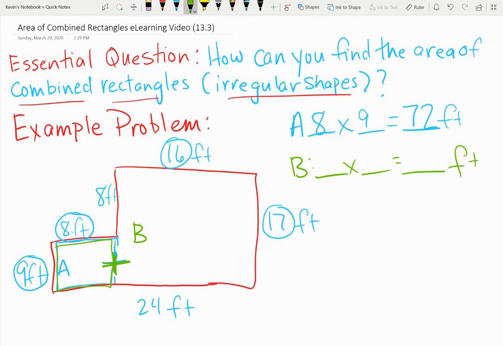So box B. What do we know about box B? So we do know that over here, the top part, which is going to be our length, is 16. And we know here our width is 17. Now remember, I know some of you guys say, well, why wouldn't we multiply 17 times 24?